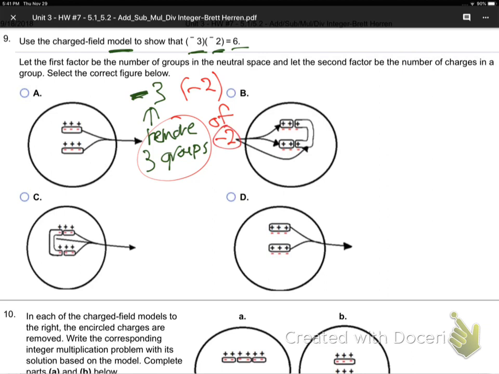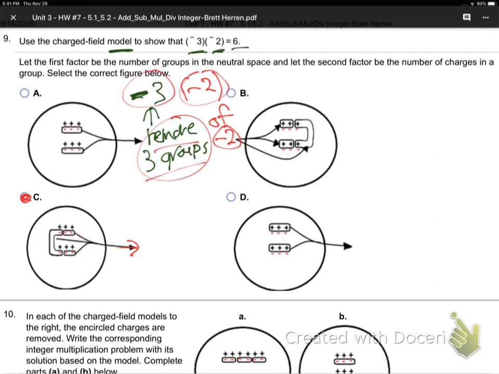Which one of these models shows us removing 3 groups of negative 2? C. See how there's 3 groups? 1, 2, 3 groups, each of them being negative 2, negative 2, negative 2. Removing 3 groups of negative 2, and it's going out.